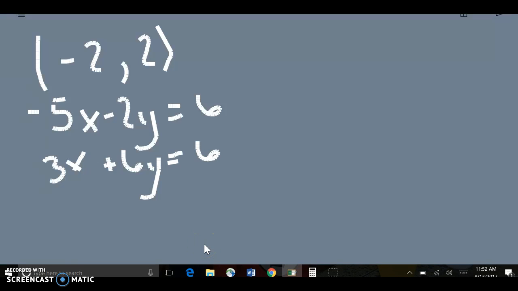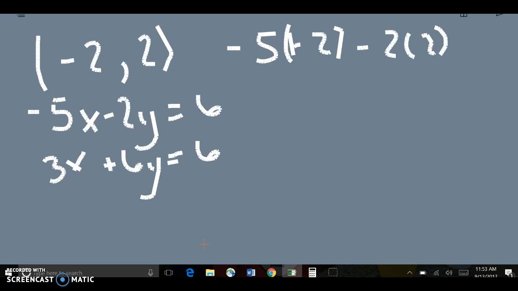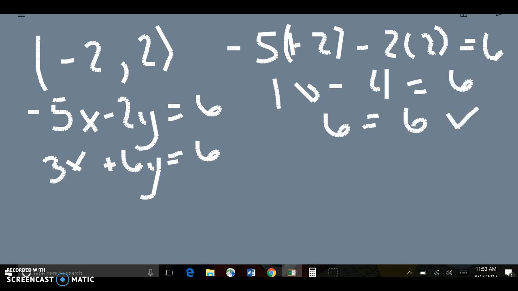So let me prove that this is a solution. I'm going to plug my values in. My x is negative 2, my y is 2. So I have negative 5 times negative 2 minus 2 times 2, and I want to see if that equals 6. I get positive 10 minus 4, and that does equal 6. So that one works out.